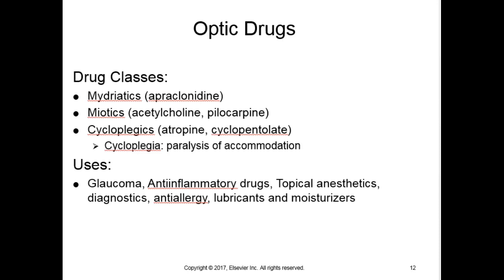So they have mydriatic properties. So I recommend knowing these terms: mydriatic, dilate; miotic, constrict; cycloplegics, paralyze the ciliary body; and some of them have mydriatic properties. So when you talk about cycloplegics, a term that comes to mind is cycloplegia, which is paralysis of the ciliary body.